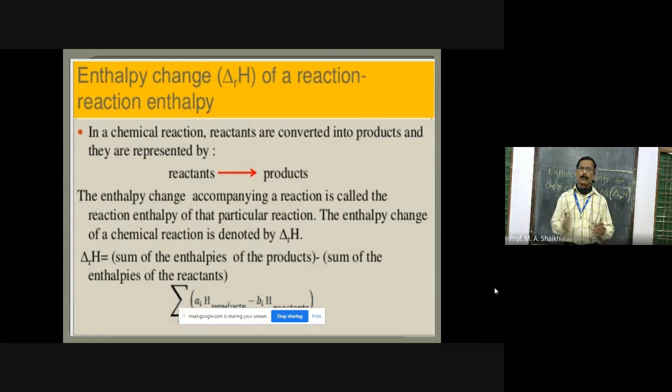So, when the system is a chemical reaction, delta H becomes delta HR. And how to find delta HR? Delta HR is equal to the sum of enthalpies of products minus the sum of enthalpies of reactants. Don't forget this mathematical equation. I will go to the next slide.